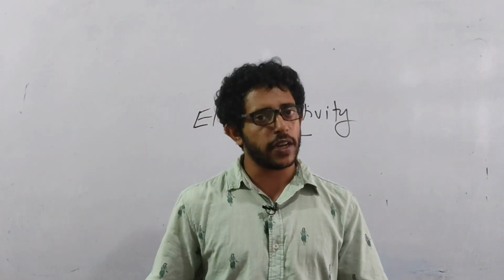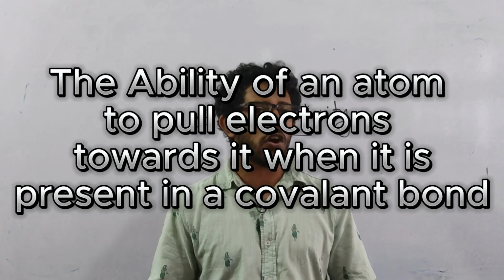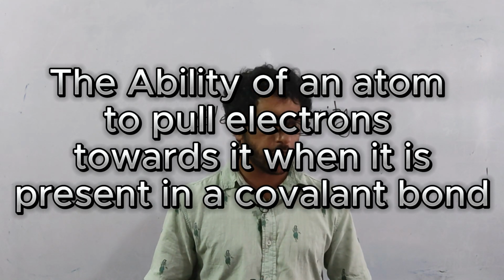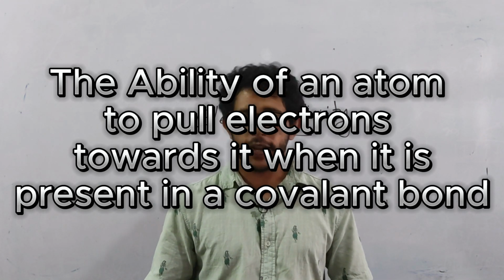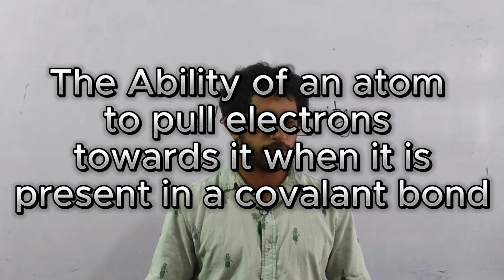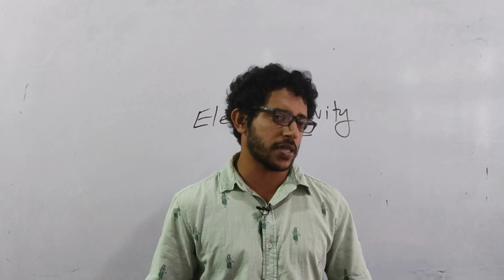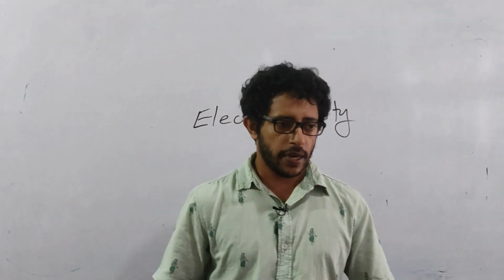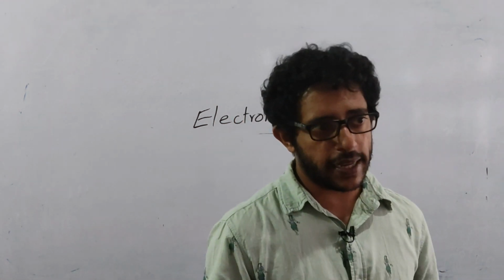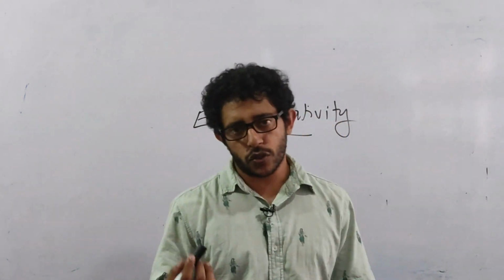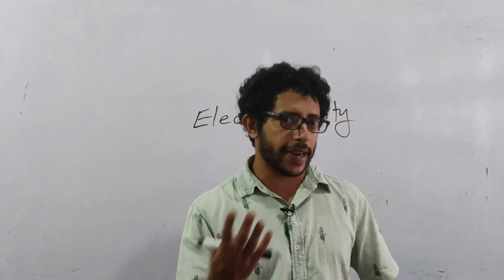Electronegativity is the ability of an atom to pull electrons towards that element when it is present in a covalent bond. Simply, the ability of an atom to pull electrons when it is present in a covalent bond. Now, pulling electrons normally makes negative ions.